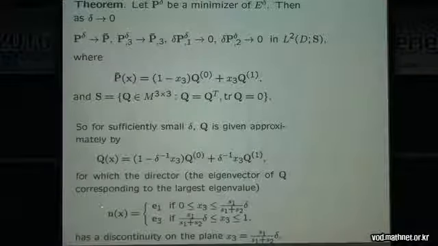And that means that the director, which is typically identified to be the unit vector corresponding to the largest eigenvalue, actually is E1 up to some point, well, okay, S1 and S2, let's take them to be equal. So this would be a half delta. So up to halfway, it would be E1, which is the boundary condition on the bottom plate, and after that, it's E3. So that the director has a discontinuity on the plane x3 equals delta over 2.